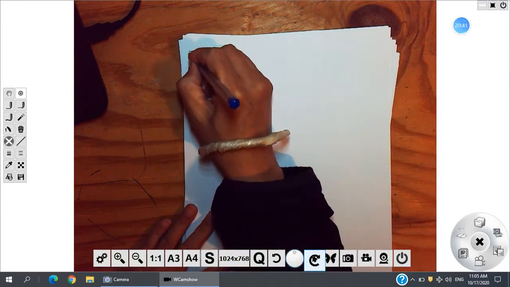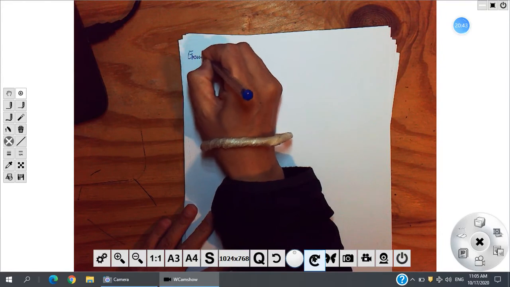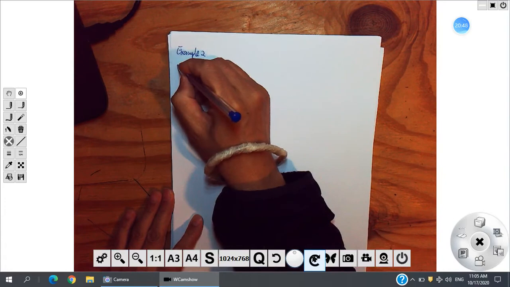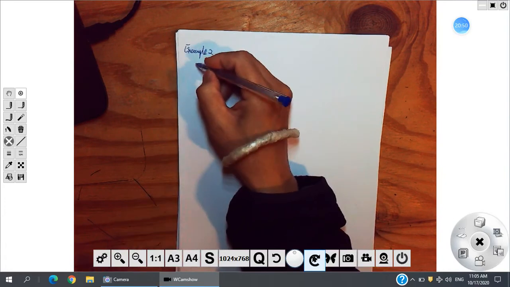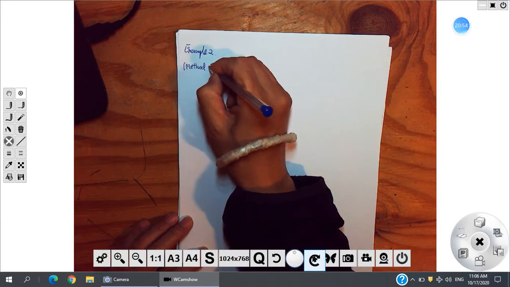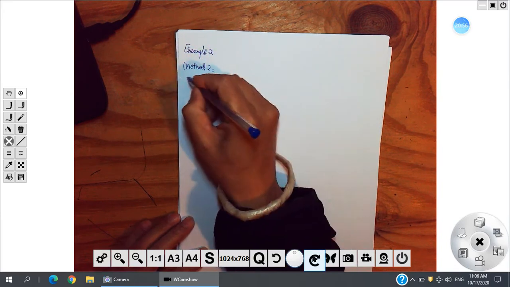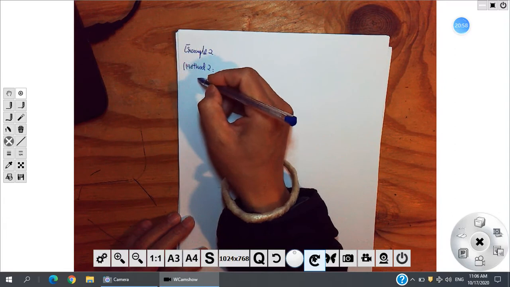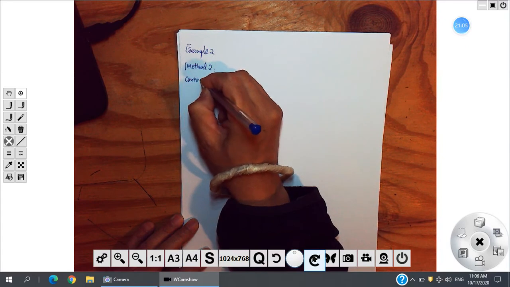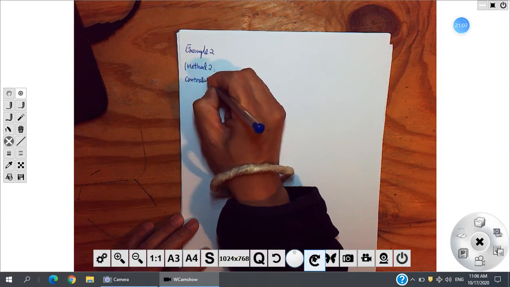Example 2. This is related to method 2. This method will give us what we call the controllable canonical form.